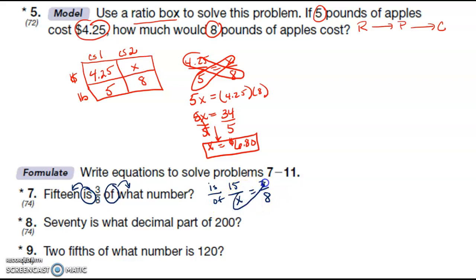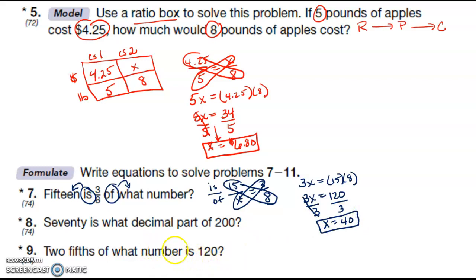I'm going to cross multiply. So I have 3x is equal to 15 times 8. What is 15 times 8? 15 times 8 is 120. Divide by 3, divide by 3. The 3's cancel. I have x is equal to 40.